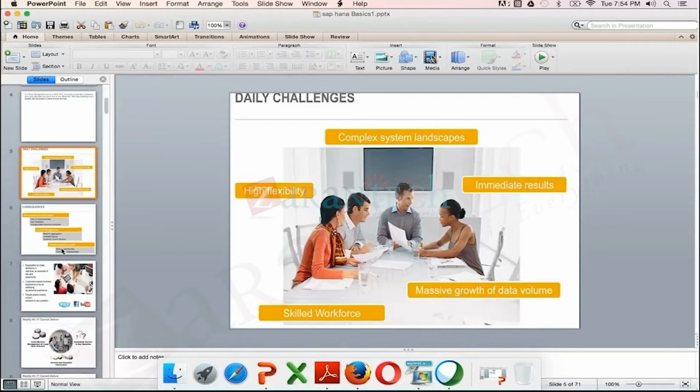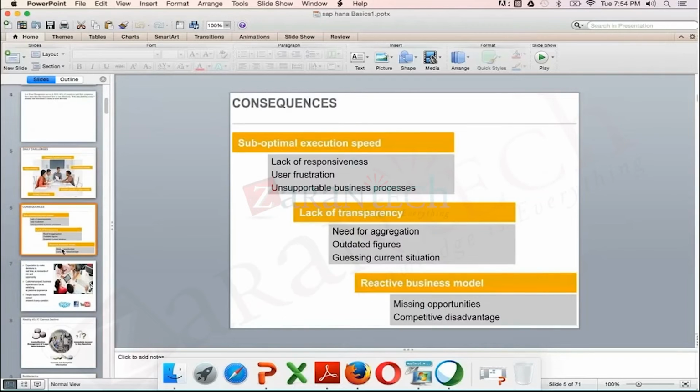When companies are dealing with a high volume of data, if they are using traditional databases, we'll talk about what a traditional database is and what an in-memory database is. The first problem is query execution speed, lack of responsiveness, user frustration, unsupportable business processes, lack of transparency.